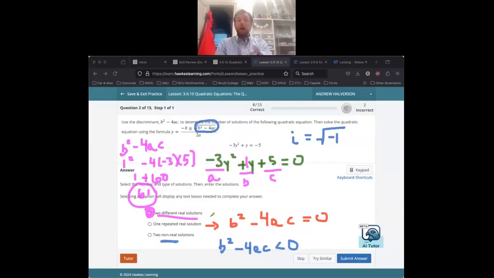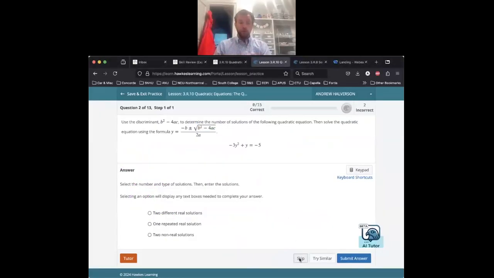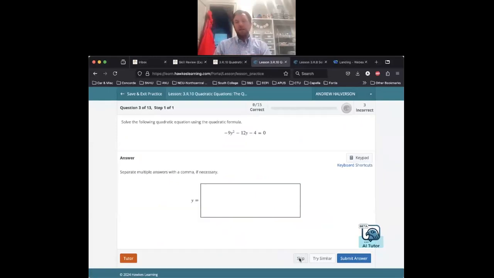So that's how you tell how many solutions it'll have. Look at b squared minus 4ac, simplify it. Greater than 0, 2 real; equal to 0, 1 real; or less than 0, 2 non-real.